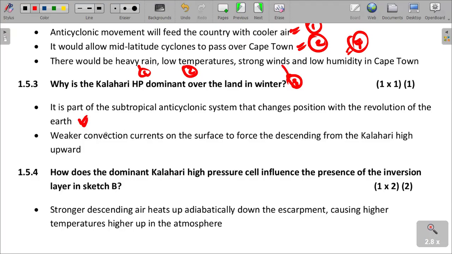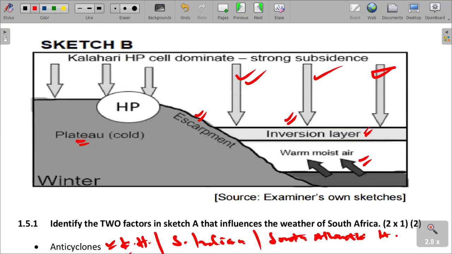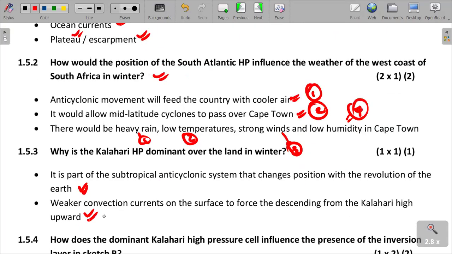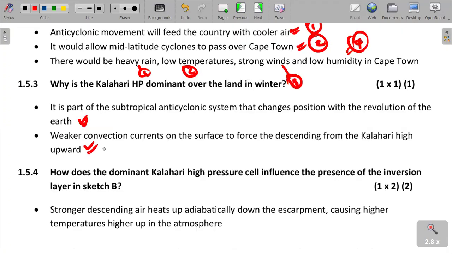And then weaker convection currents on the surface force the descending air from Kalahari upwards. So as you see, the wind is descending from the escarpment there, the plateau subsidence. What happens there is that when the air falls and descends into the interior, there are weaker convection currents coming from the sea, which can also force the descending air from Kalahari upwards.